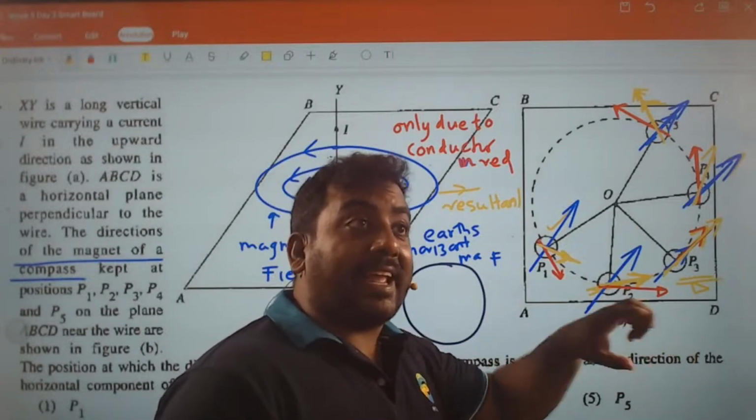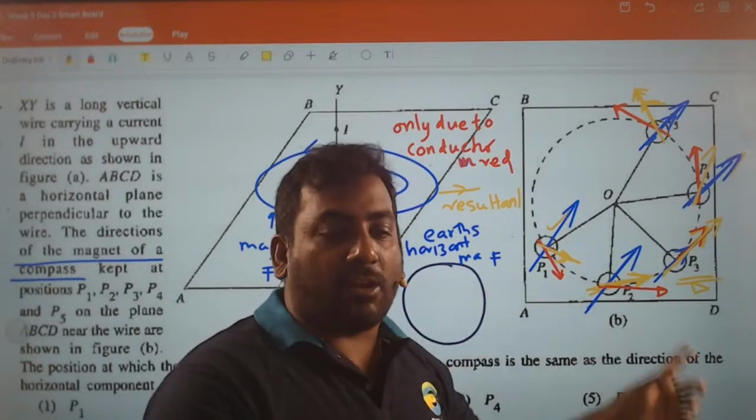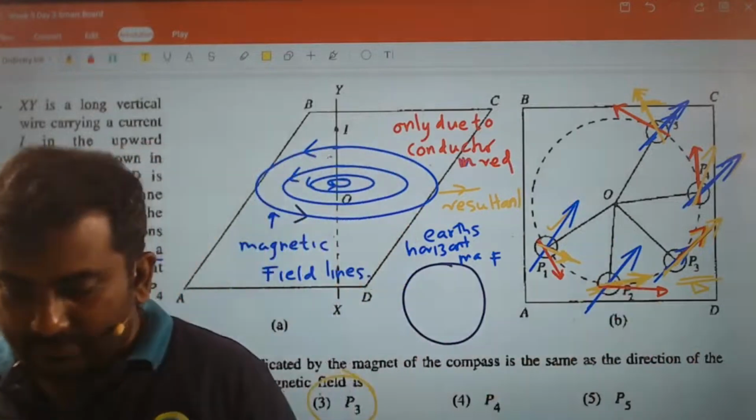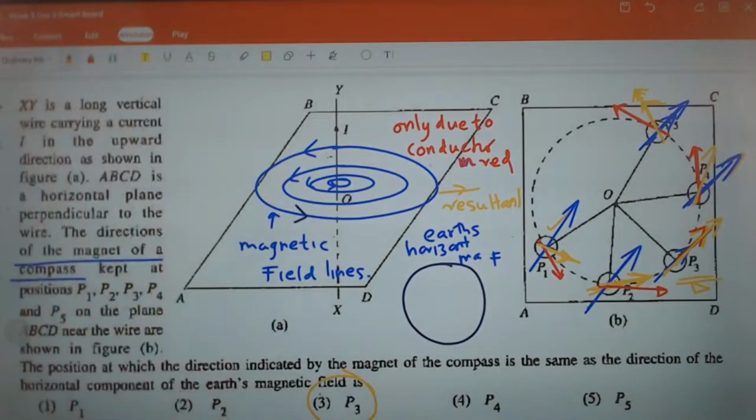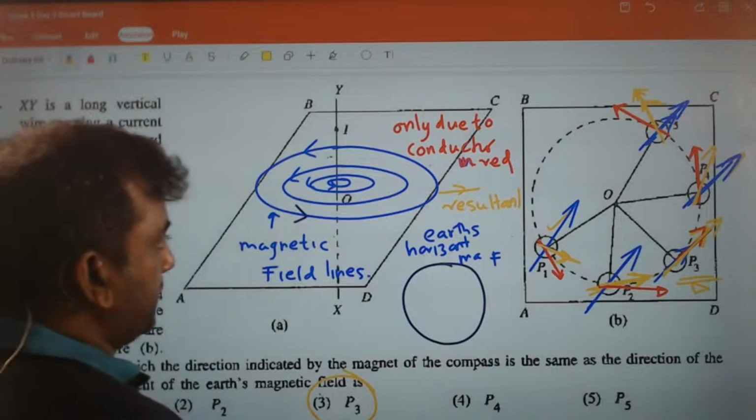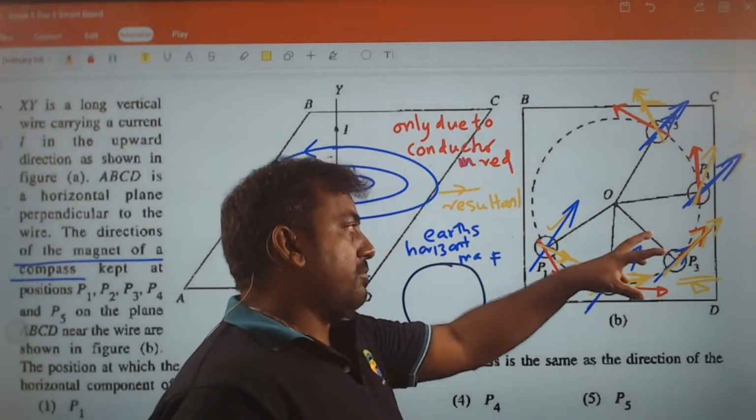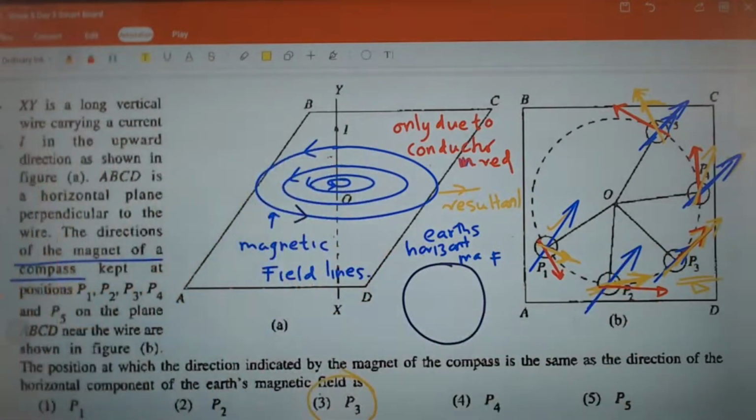The compass indicates the resultant direction of both the magnetic fields.